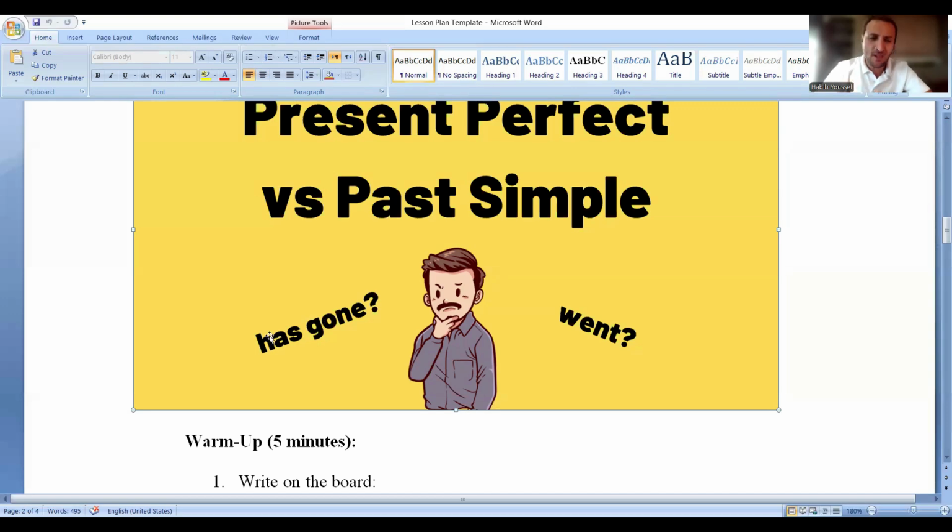Has is the helping verb, gone is the past participle, which is the third form of the verb. On the other hand, the verb in the past simple consists of one word. That's why we call it past simple, because it consists of one word. But the present perfect, again, consists of two words.